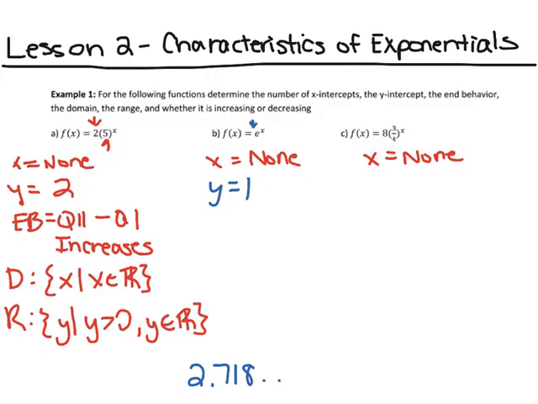If you needed to find a table of values for e, you can type e right into your calculator to the power of something. So all e is, it's a number. It is not a variable. It is greater than 1. It has decimals, but it's greater than 1, so it is also an increasing function.